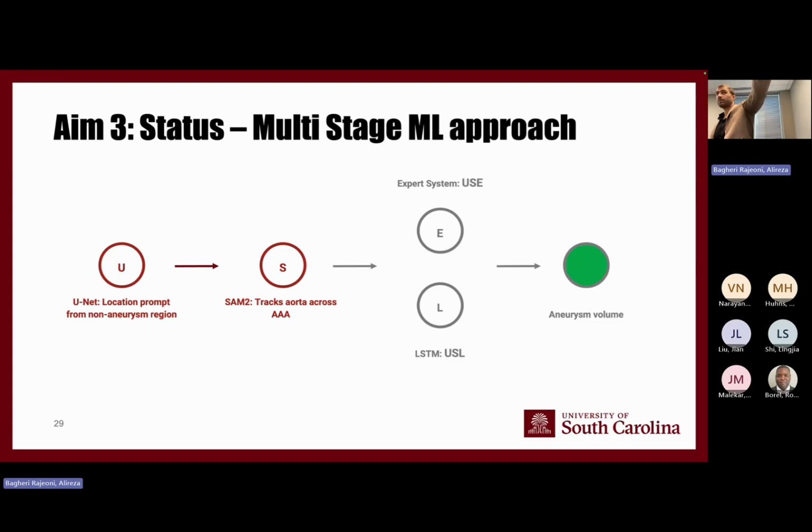One is the expert system, and the other one is LSTM. I use USE and USL. Those acronyms are very important. They represent the different approaches we use. And after detecting the boundary and having the vascular system, we can measure the aneurysm volume.